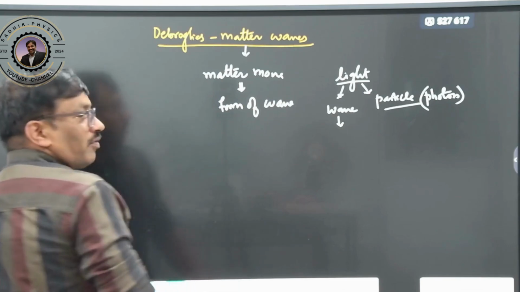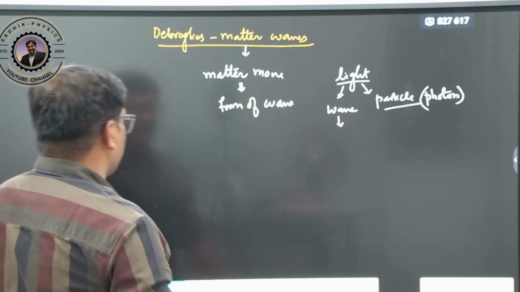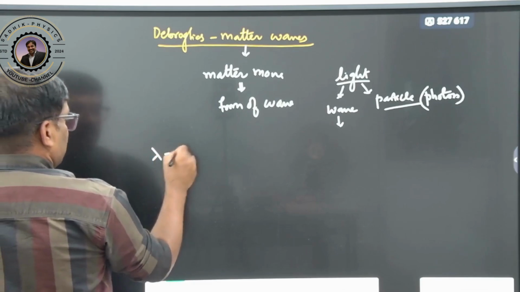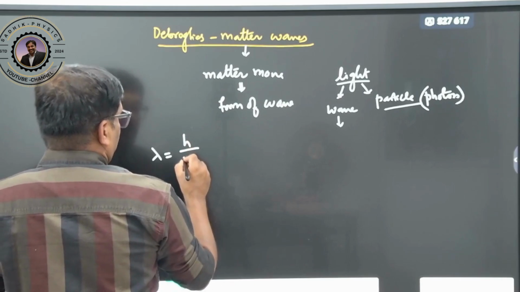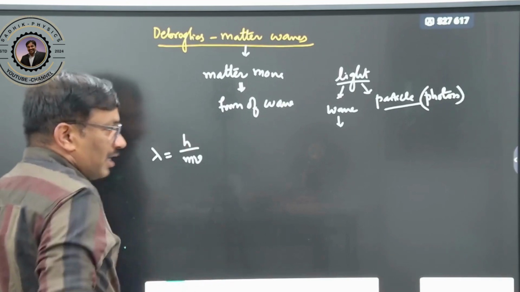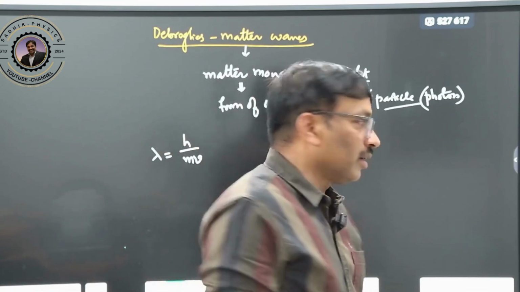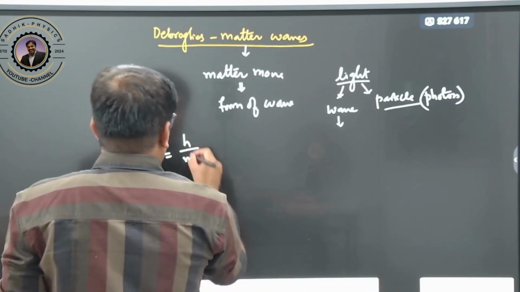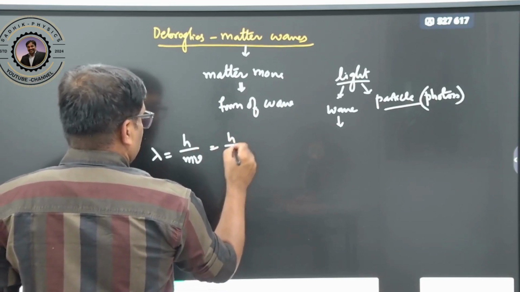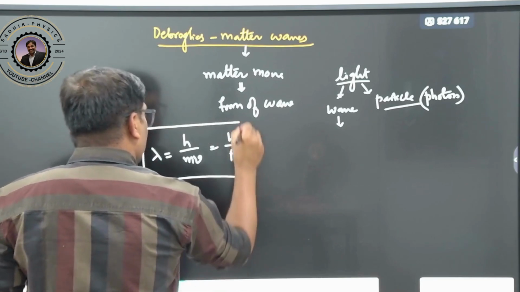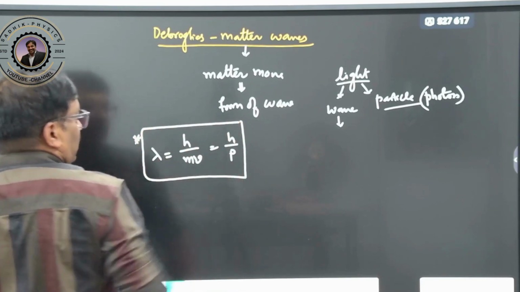The wavelength of this wave is given as lambda equals h by mv, that is h by momentum, where h is Planck's constant. So lambda equals h by p. The wavelength of the matter wave is defined in this way.